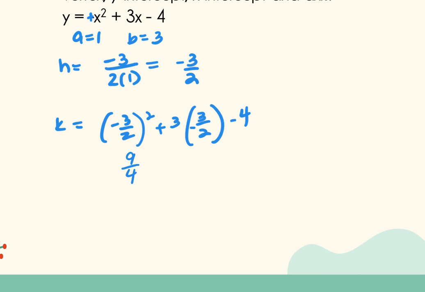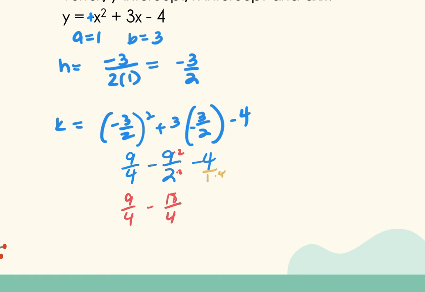Multiply 3 times negative 3 halves, and I get negative 9 halves, minus 4. I have to give them all the same denominator. So I'm going to multiply by 2 here. I get 9 over 4 minus 18 over 4.